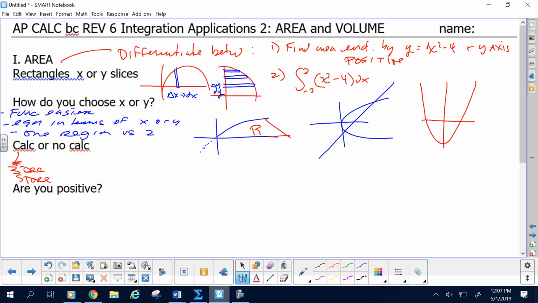If they give you f of x is this or g of x is that, use f and g in your setup. But if they give you y equals this and y equals that, you can't say y1. They don't take calculators. You can't say y1 minus y2 dx. That's a no. You use the actual equations, and you have to actually write them.